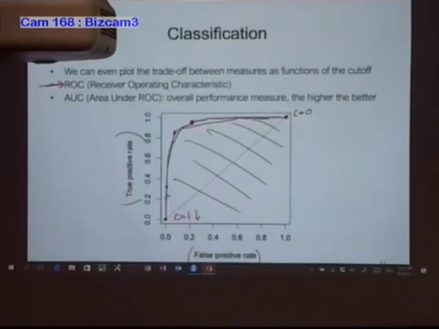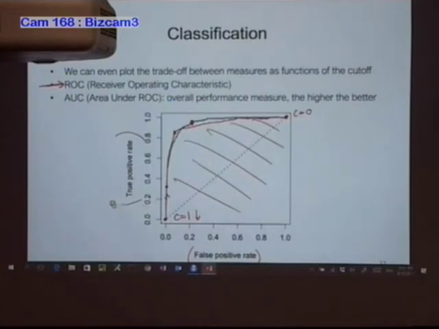Why don't we just find the slope of this curve when it's, let's say, 45 degrees? That's the point where your increase in true positive rate equals your increase in false positive rate. So if you believe that the cost is roughly 1-to-1, then 45 degrees is the optimal.